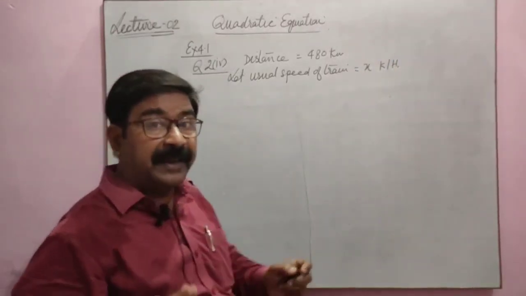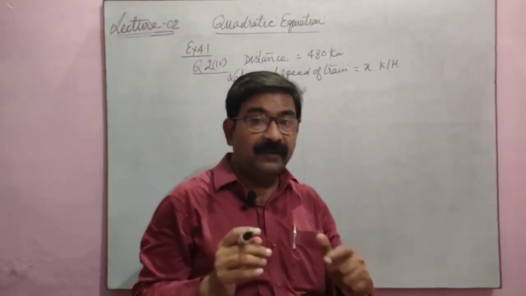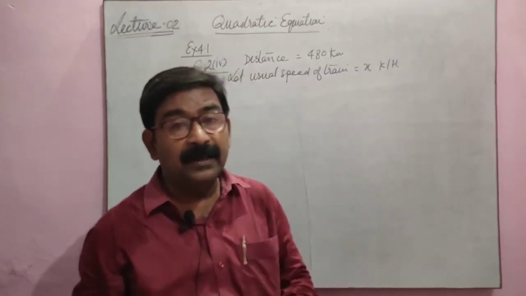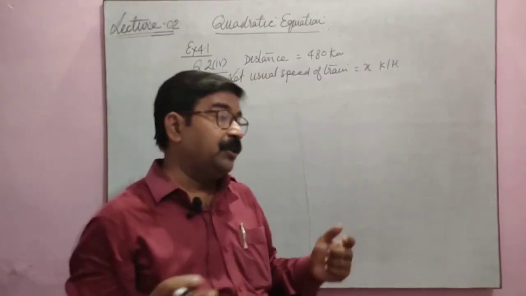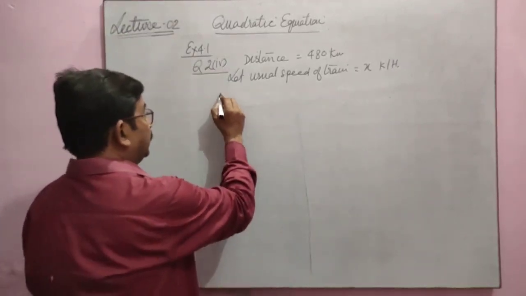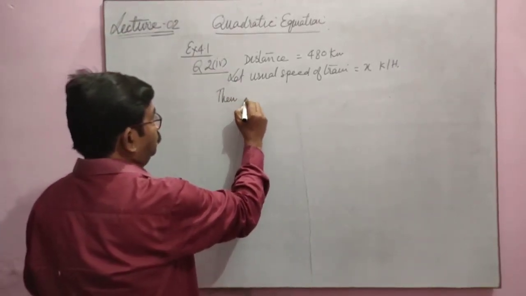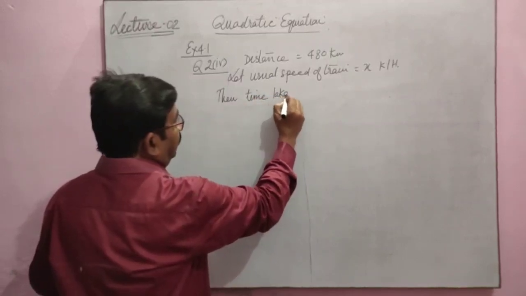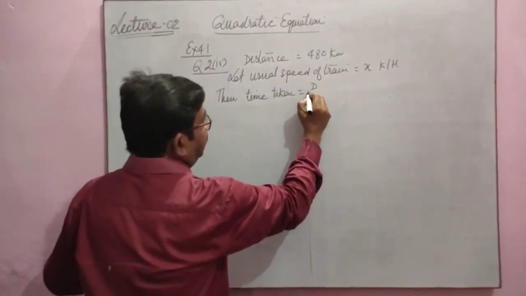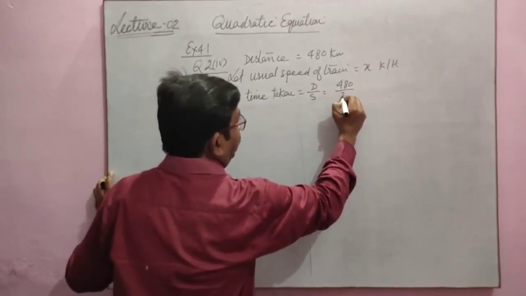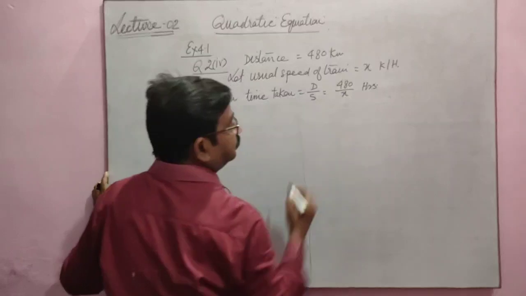We are given the time difference: if the speed is slower by 8 kilometers per hour, then the time difference is 3 hours. So in two cases we are going to find the time. Then time taken is distance upon speed, 480 upon x hours.